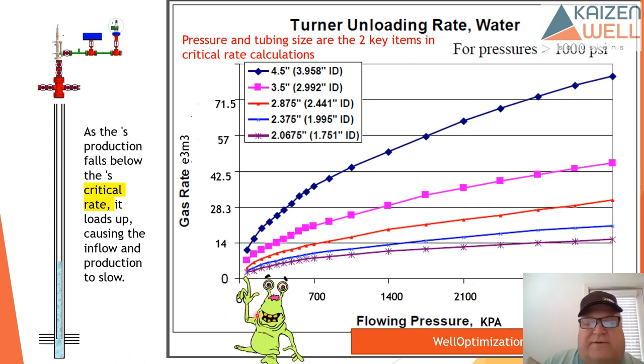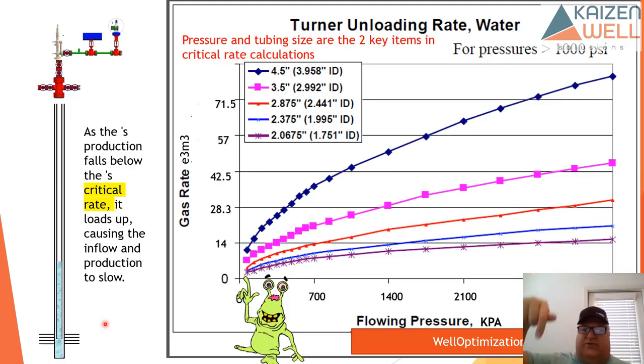Now, what is critical rate? Critical rate is basically the gas moving at a velocity quick enough that it's able to lift and push the liquid that is in that tubing. I kind of think of it this way: the liquid that you're trying to lift is a whole bunch of basketballs, and the gas going by it is a whole bunch of hands.